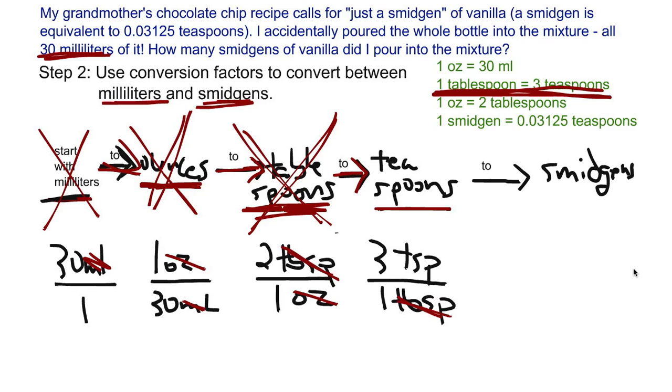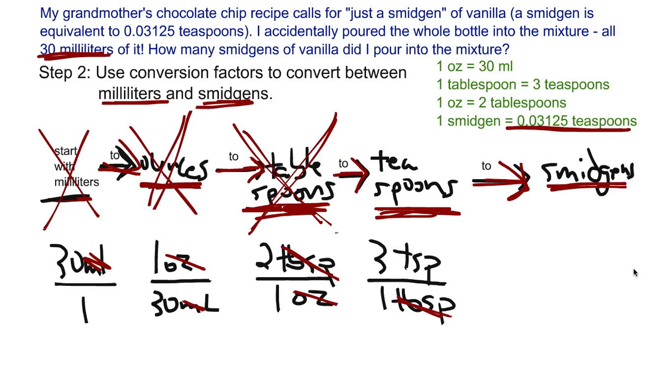And we're going to go from teaspoons to smidgens. So in order to do that, we need to look at our last equivalency. 0.03125 teaspoons equals 1 smidgen.